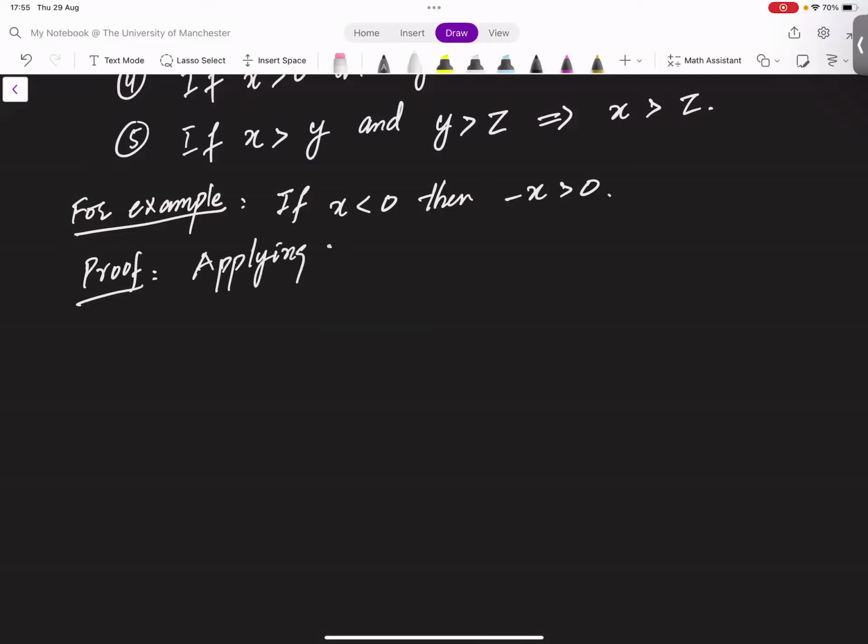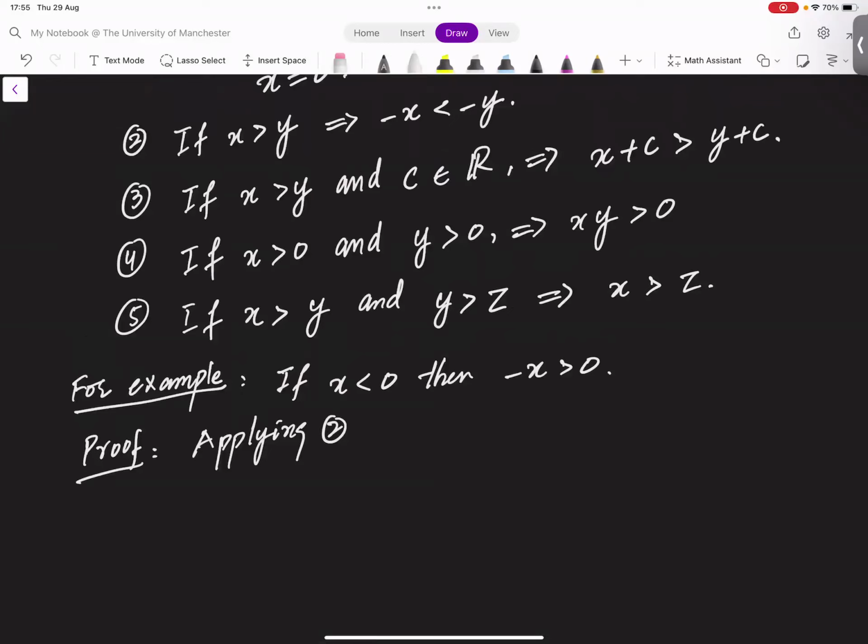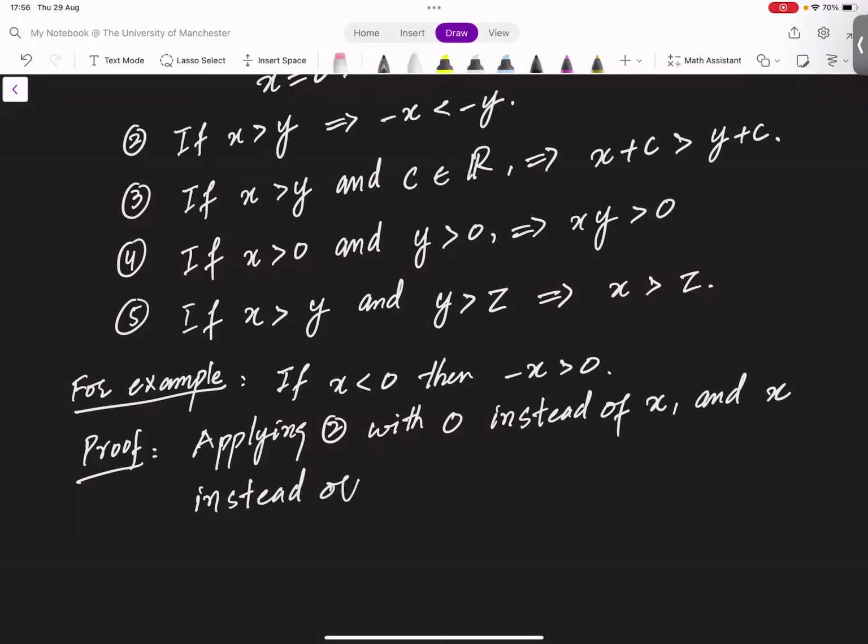Applying rule 2, which says that if x is greater than y, then minus x is less than minus y, with 0 instead of x and x instead of y, we see that if x is less than 0, then minus x is greater than 0. Okay.